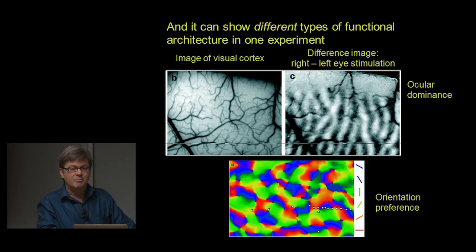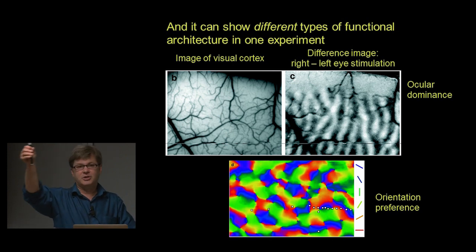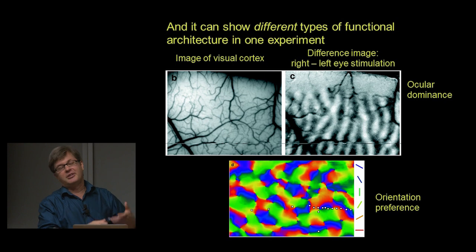You can do something I spoke about even more in the first lecture. You can look at the property of orientation. You can have the animal looking at vertical bars for 30 seconds, and then have the animal look at horizontal bars for 30 seconds and different obliques. And you can do a fancier form of subtraction of all these images, and you can essentially see which portions of the brain light up, or in fact darken, but become a different color, bright or dark, when the animal sees different stimuli.